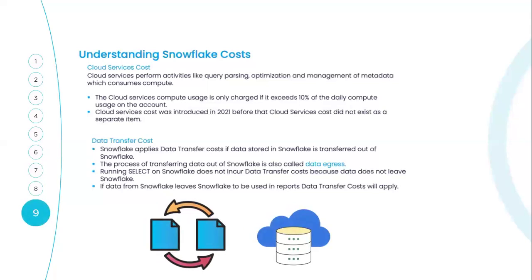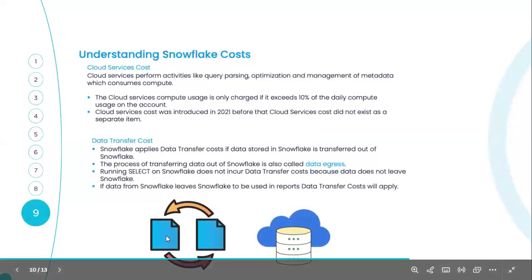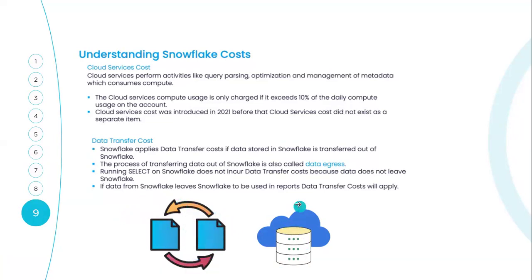Next, the data transfer cost. From outside to Snowflake, I'm not going to pay anything. From Snowflake to outside, I need to pay a transfer cost, because this cost is charged by the cloud provider. Whatever AWS or Azure is charging, the same will be passed on to your credits. Then the cloud service cost.